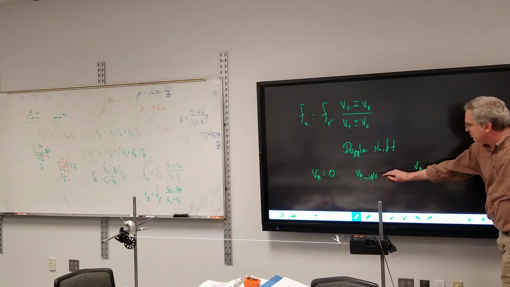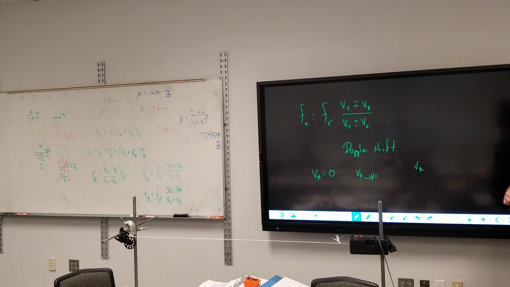Oh, there should be V. Yeah, V equals VS. The receiver would never hear it. Why? Because even though the sound waves are moving rearward in this situation, at 700 miles or whatever it is, they're also already moving, they're being emitted from something that's moving at that same speed.